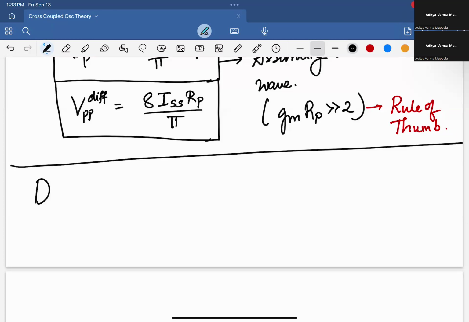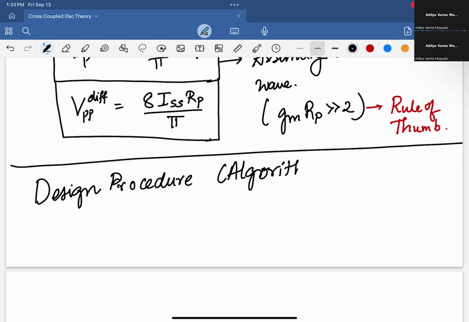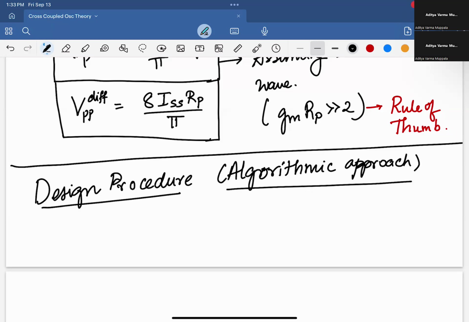Okay. So the last section is design procedure, I would say an algorithmic approach. All right. So the first step.